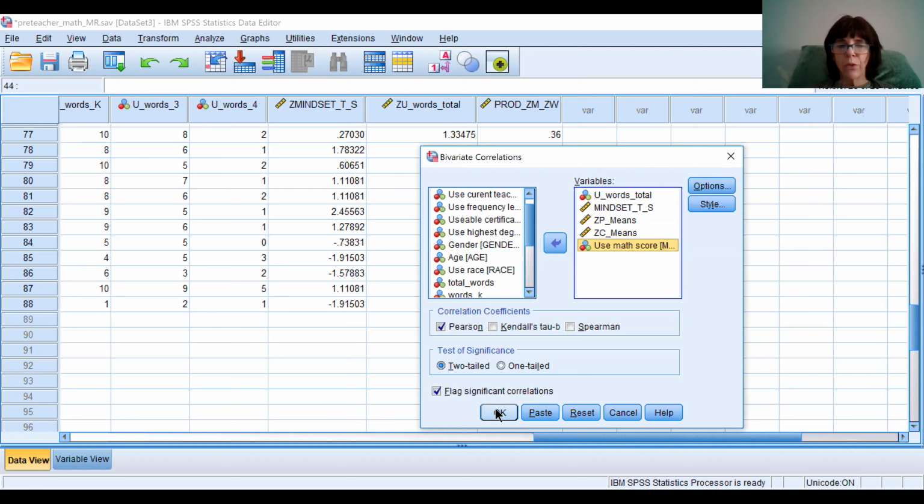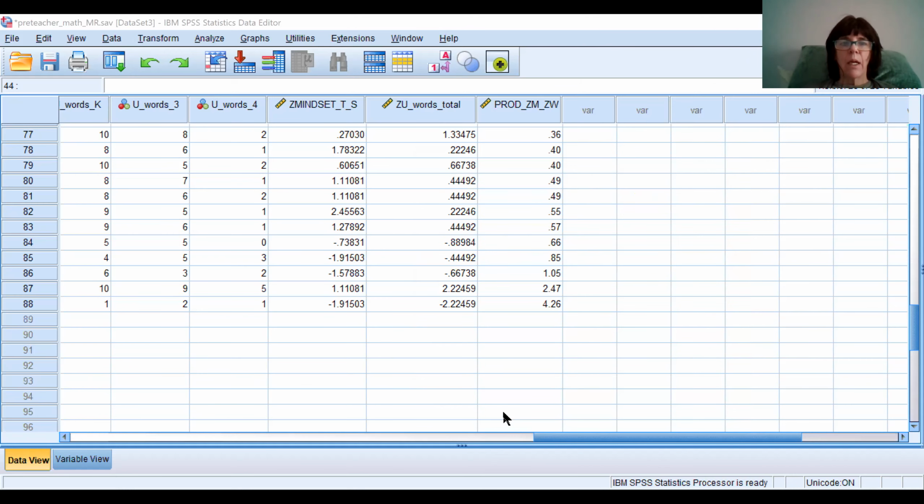And so we're going to look at the correlations among those variables. I'm just going to rerun that really quickly because I did something that I'm always doing.